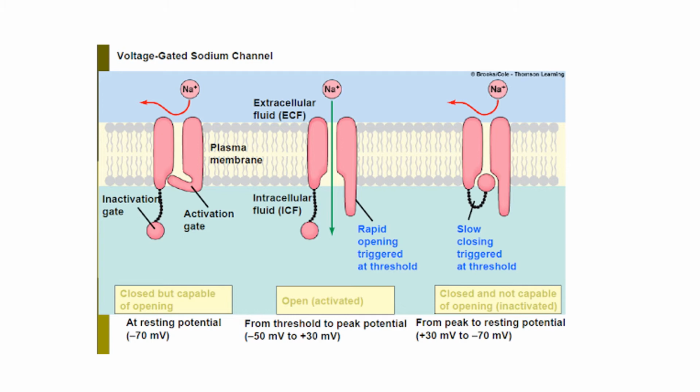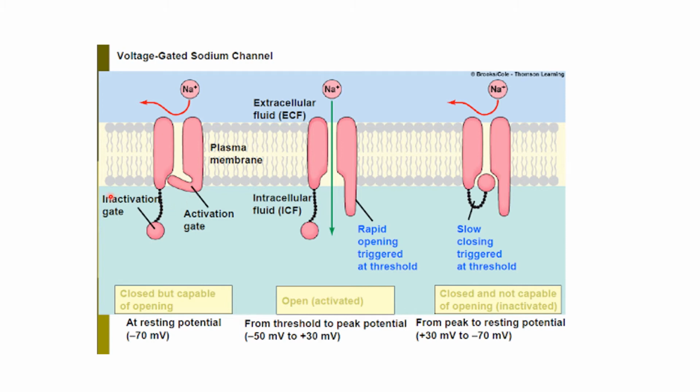Here once again we see the configuration of sodium voltage channels. We know the sodium voltage channel in the axon has an inactivation gate and an activation gate. This activation gate is made up of amino acids that are negative in charge.